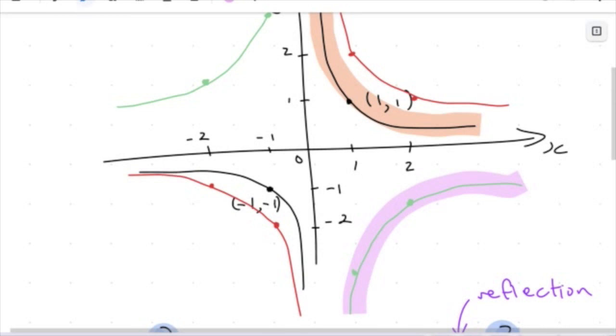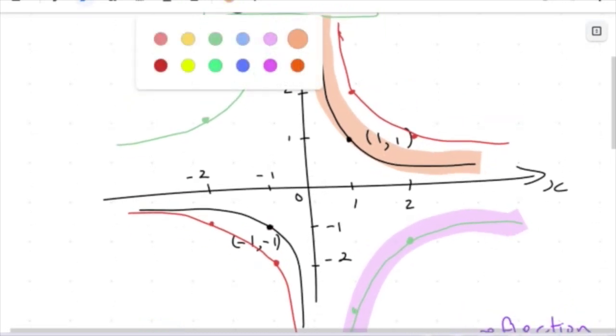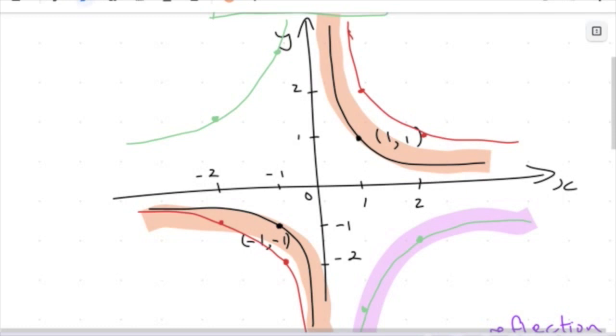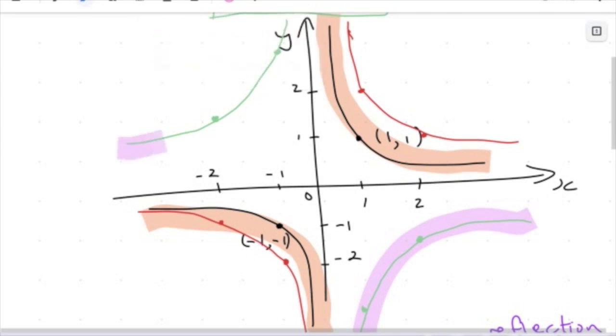So what is positive in the y now becomes negative. We're reflecting around this x-axis. And in the same way, the part down here is once again getting reflected along this mirror that is the x-axis. And we get something up here.